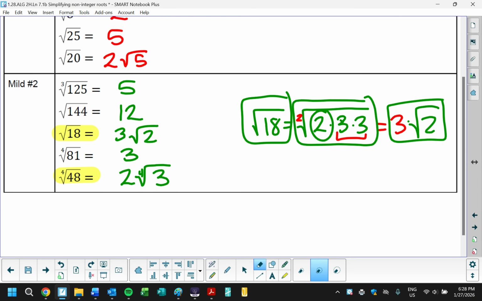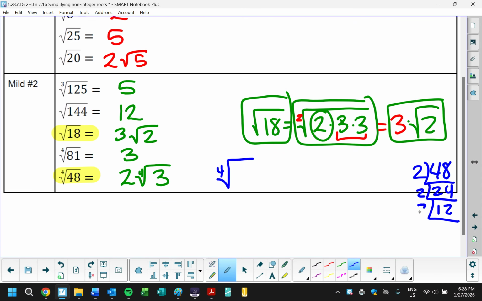Meanwhile, how about the 4th root of 48? So this one I don't have off the top of my brain, so I'm going to come off to the side, whether you do a factor tree or upside down division. Let's go ahead and break this down to its prime factors. There's a whole lot of 2's here.